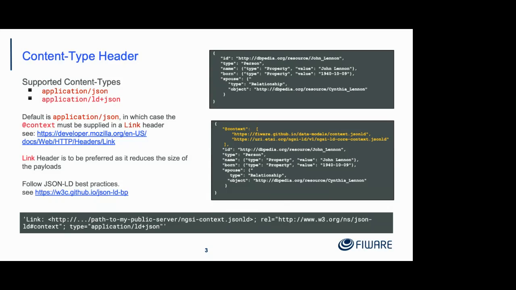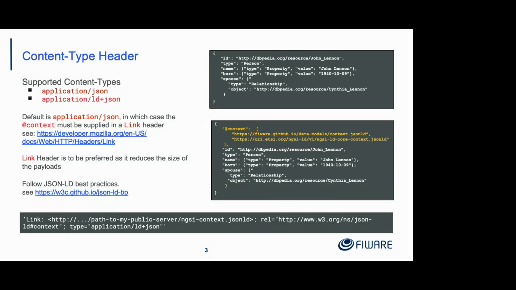The difference is that a body which is just a lump of JSON cannot have an @context element within it. A body which has got LD plus JSON, which is the standard MIME type for JSON-LD, must have an @context attribute in there.